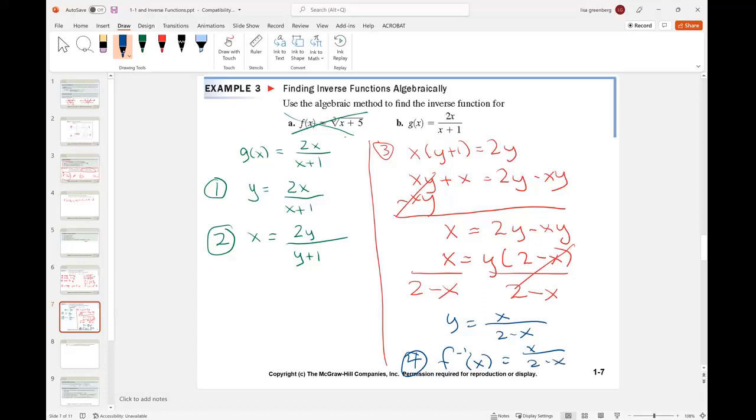So there's my inverse. Notice it's not the reciprocal. I'm saying this because I graded many papers where people say g inverse of x is (x plus 1) over 2x. They just flip the fraction. So it is not the reciprocal. You can't flip it. You have to go through the steps and solve it like this.